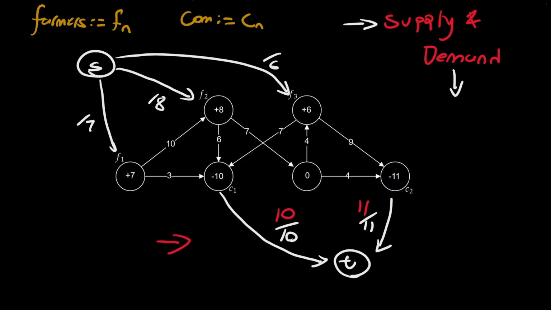It's possible that there could be more resources that can go into these, but if they bottleneck fully saturated, that's how we know we have at least the amount of resources that we need in order to support these communities. And that's how you solve multiple sources and multiple sinks. It's about finding that supply and demand relationship and hooking up your super source to the suppliers and your super sink to the demanders.